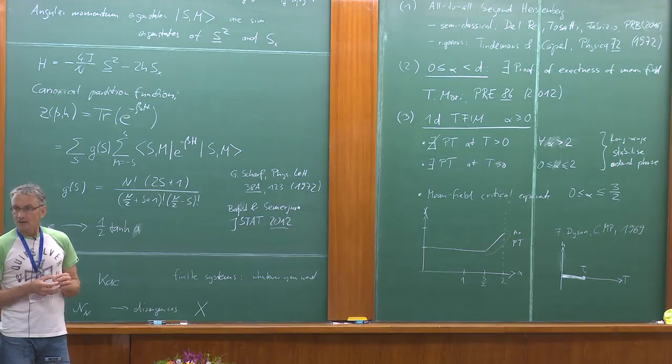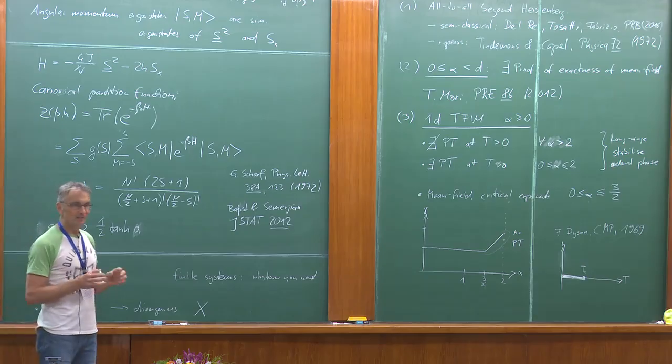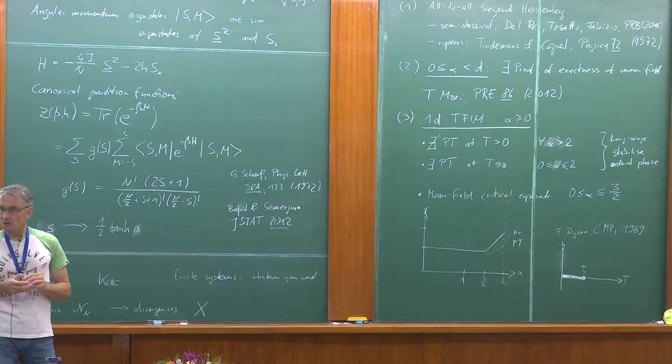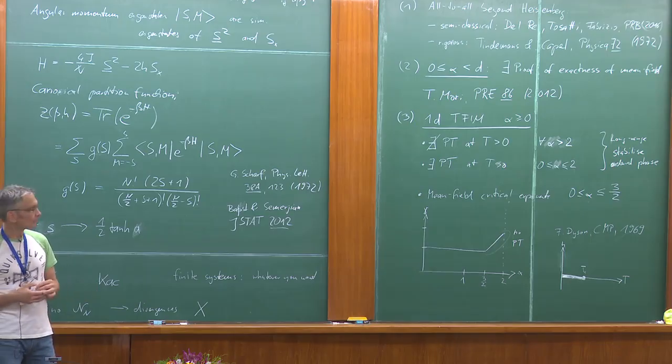Exact results, calculating free energies or partition functions, no. As far as I'm aware, for long-range cases, alpha equals 0 and alpha infinity, but otherwise I don't think there's any exact result in between.